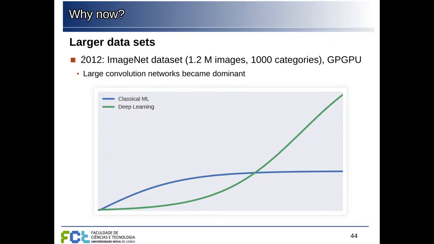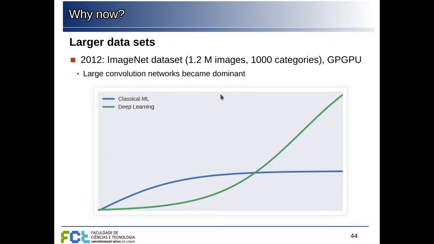Because in 2012, the ImageNet dataset came out, a competition for classifying images, but this one had 1,000 categories and more than 1 million images, so around 1,000 images per category. And with this large data set and general purpose GPUs, large convolutional neural networks became dominant in this competition.